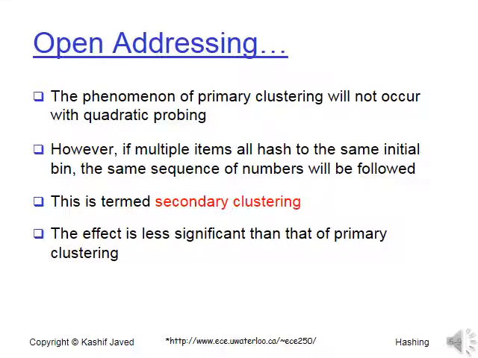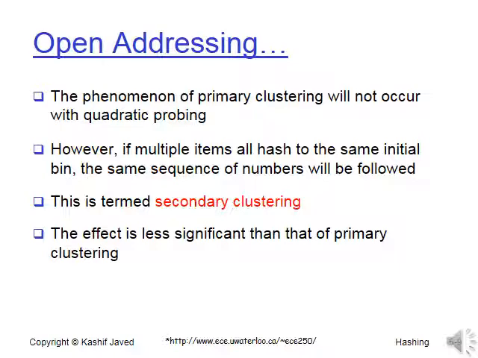Linear probing is very easy to implement, but its disadvantage is primary clustering, which is long sequences of used bins building up with gaps between them. The phenomenon of primary clustering will not occur with quadratic probing.